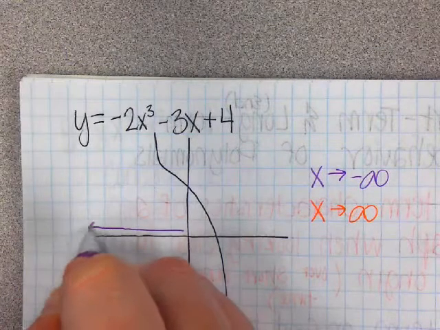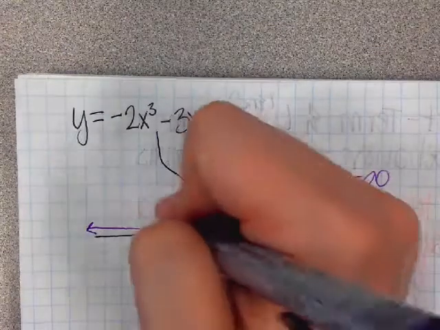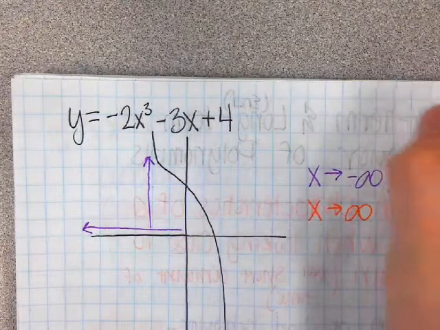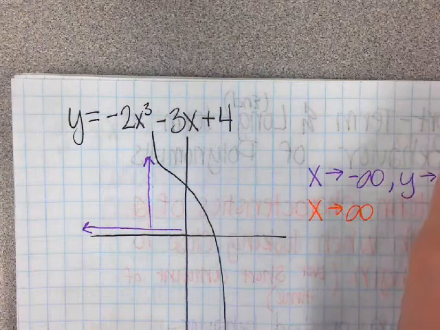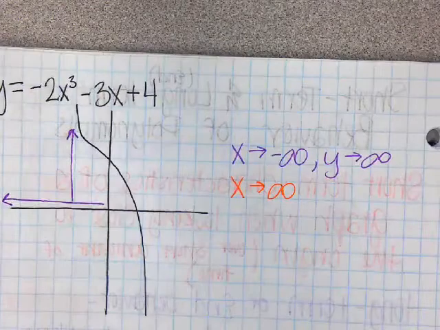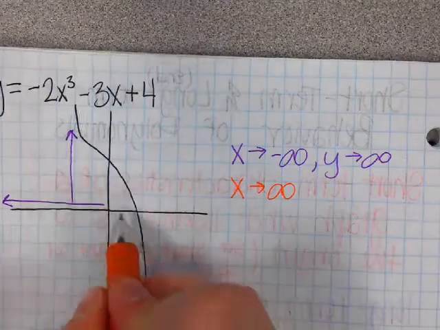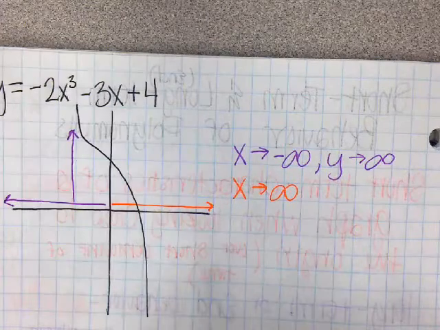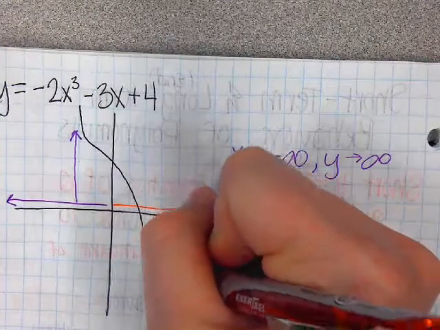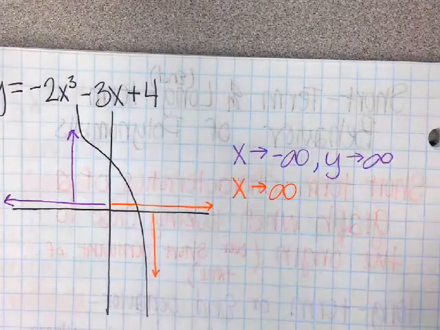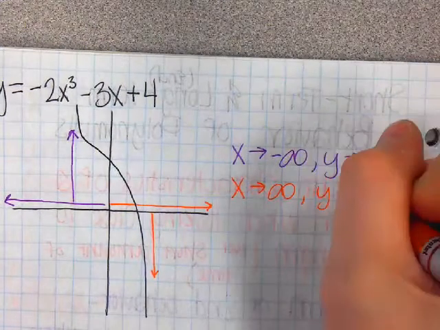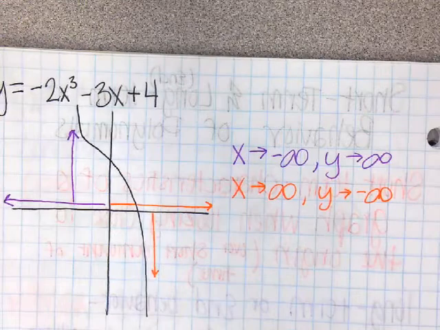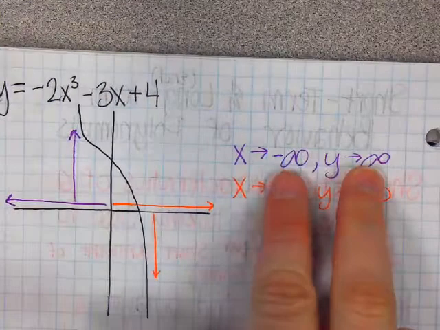So as my x gets smaller and smaller this way, it's going up. So then y approaches positive infinity. Now I'll look this direction as you move along the x-axis. The values are going down, so y approaches negative infinity.